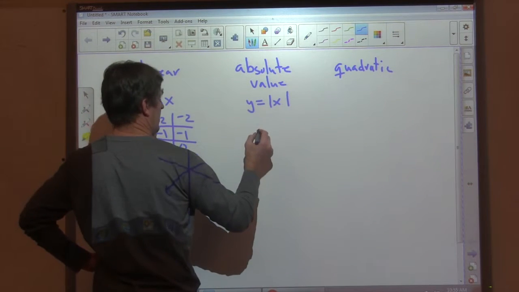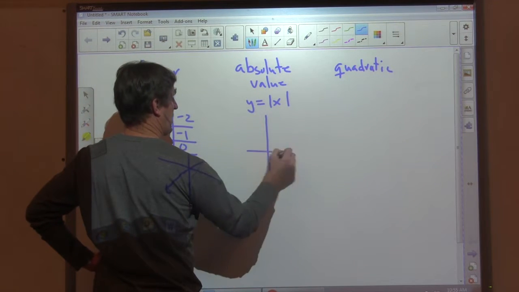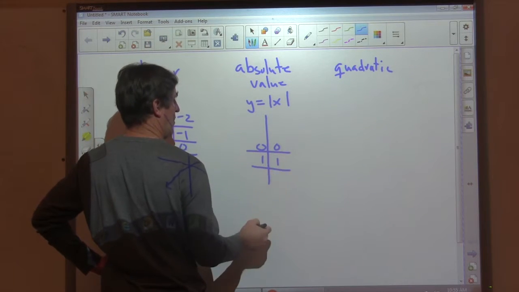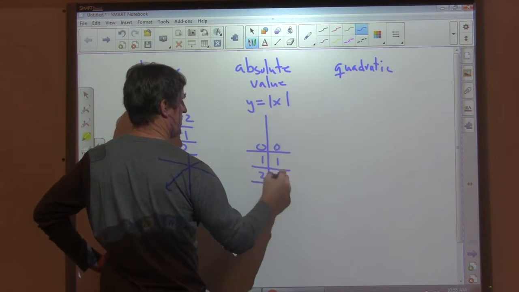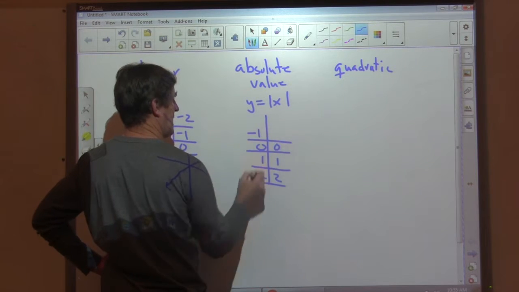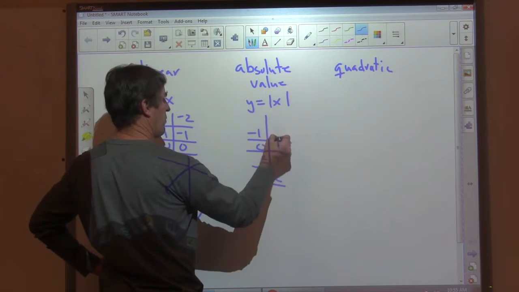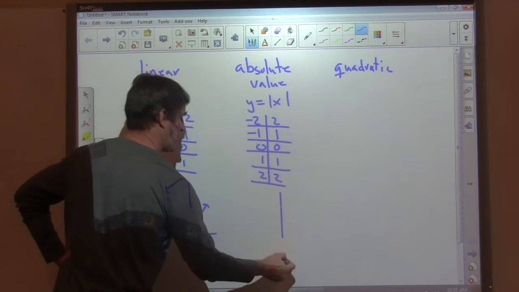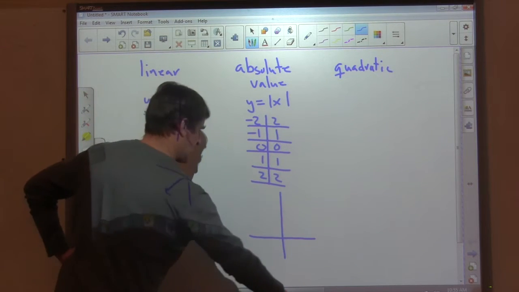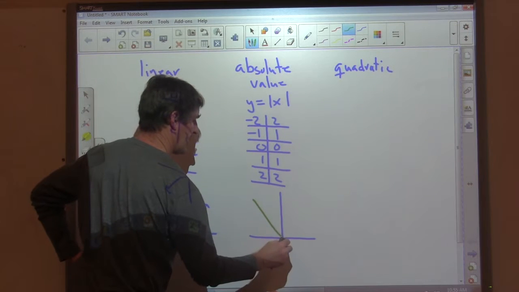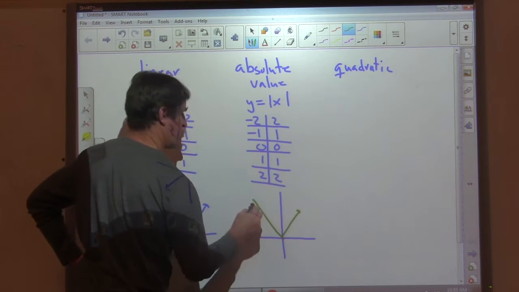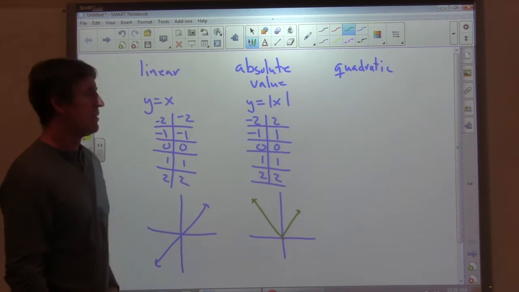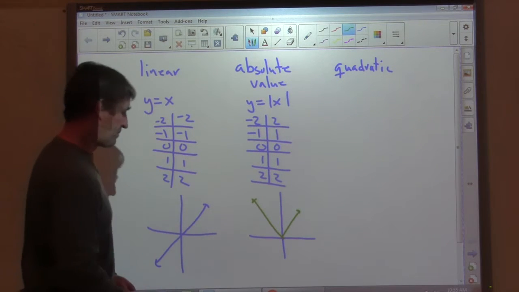And so if we were to make a chart for this, when I plug in 0, I get out 0. When I plug in 1, I get out 1. When I plug in 2, I get out 2. If I plug in -1, though, the absolute value of -1 would be 1, and the absolute value of -2 would be 2. And so our graph in this case is going to look something like this. It will always give you either a V or a flipped-over V.